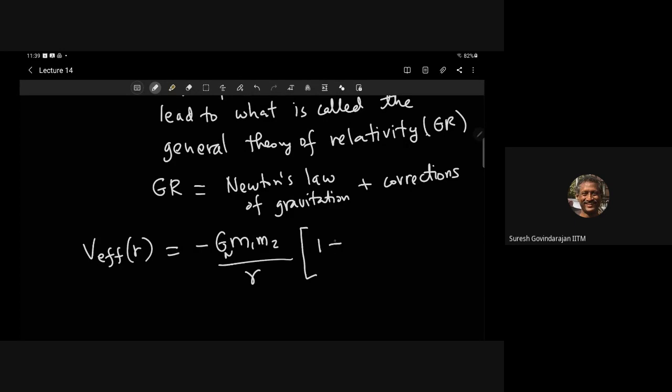Plus 1 plus, there are a whole bunch of corrections, but this is the GR correction, leading.